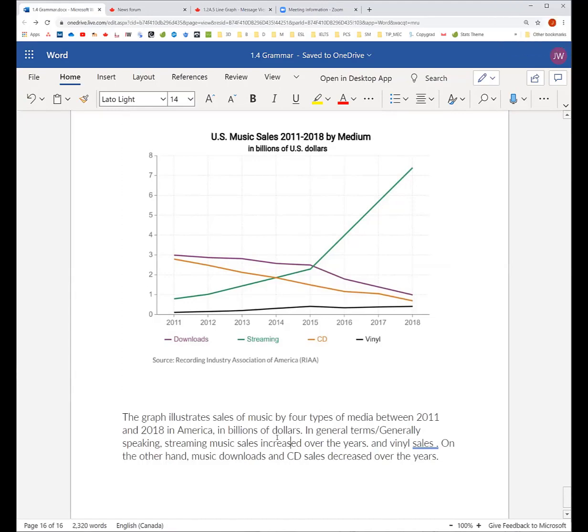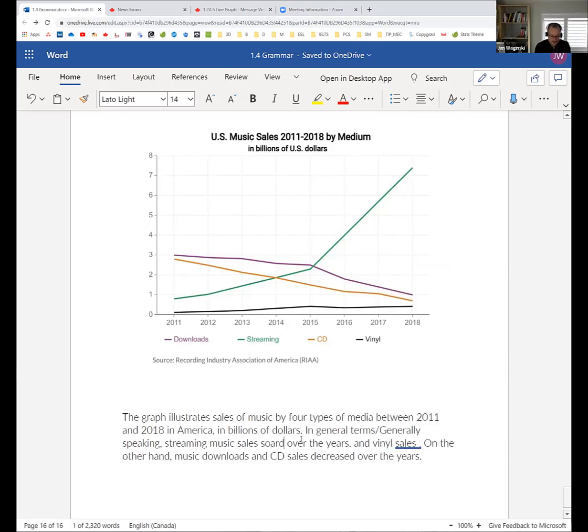Rocket. Dramatically or exponentially? Rise. Safa said the word rocket. Very close. Soar. Skyrocket? Okay, soared is good. Soared or skyrocketed. Generally speaking, streaming music sales soared or skyrocketed over the years.